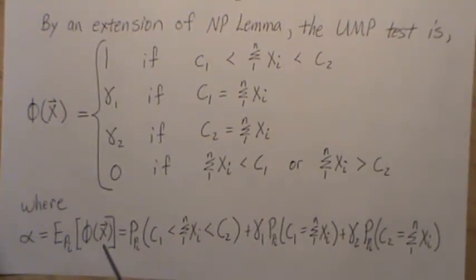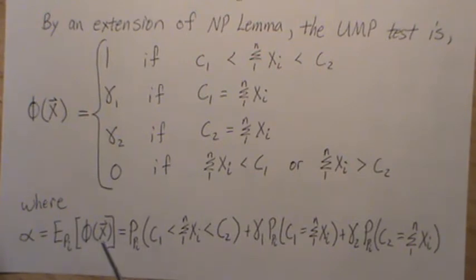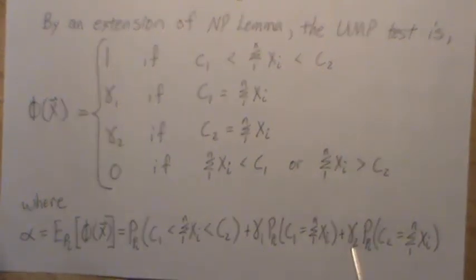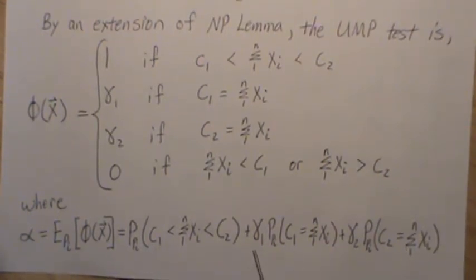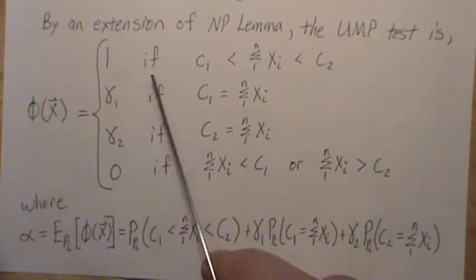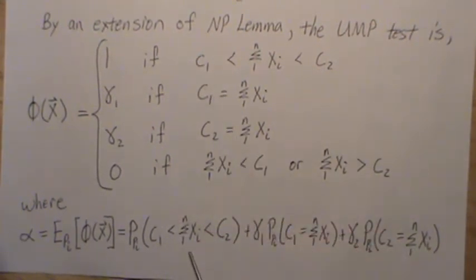Now, when we take the expected value of our discrete function phi, it takes on the value and then the probability of observing that value. So this is 0. And then here it takes on gamma 2 times the probability of observing that, gamma 1 times the probability of observing that, and then 1 times this probability, which is here.